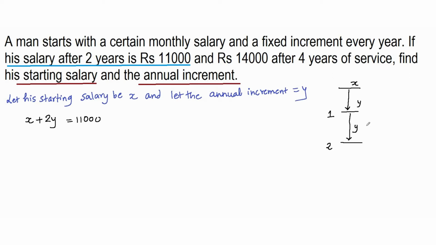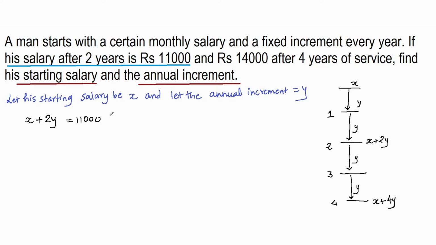After 2 years, if you notice, his salary will be X plus, he has received 2 increments, so it is X plus 2Y. And after 4 years, let's see what happens. So this is after the third year, and then this is after the fourth year. So after 4 years, he would have received 4 Y increments, and therefore his salary after 4 years will be X plus 4Y.